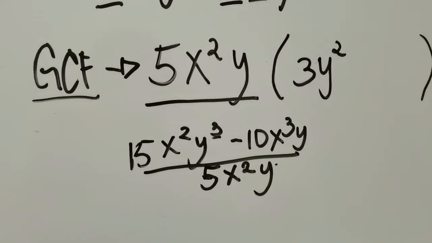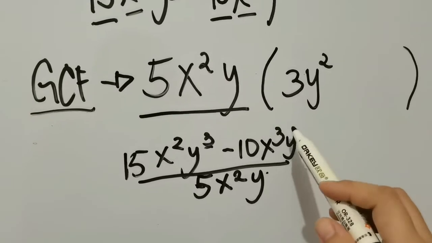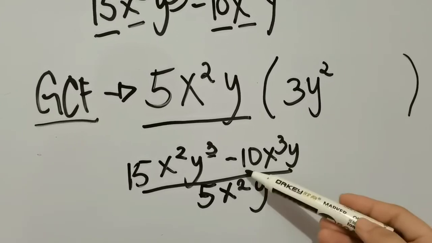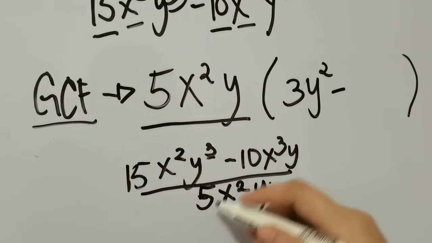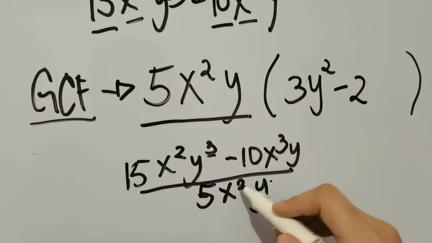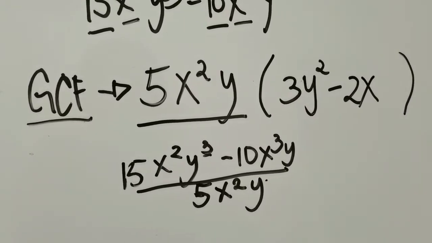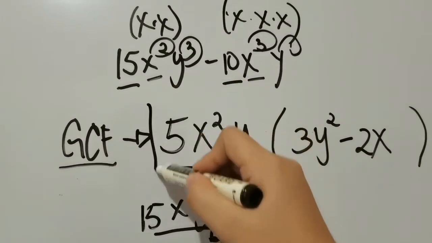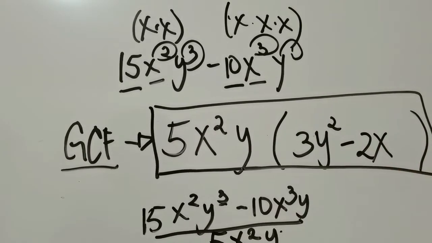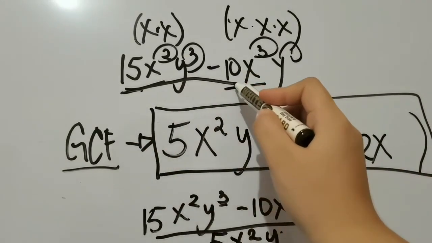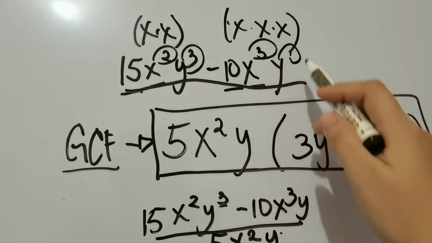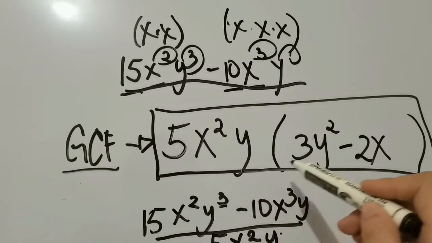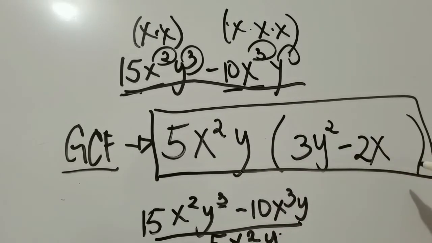Next, 10x cubed y divided by 5x squared y. So we have negative 2. Then 3 minus 1 is 1, so x lang. And then cancel y. Nothing else. So these are the factors of 15x squared y cubed minus 10x cubed y: 5x squared y and 3y squared minus 2x.